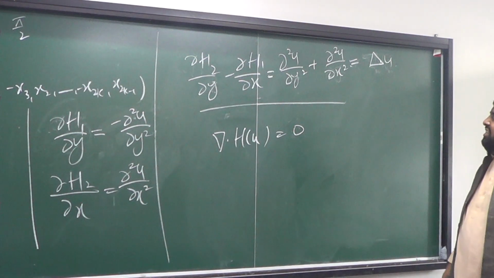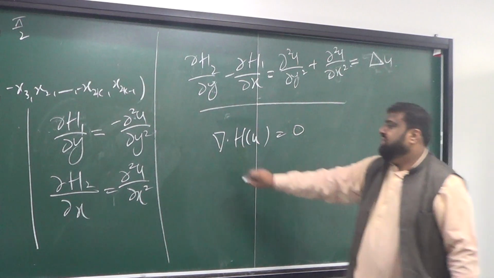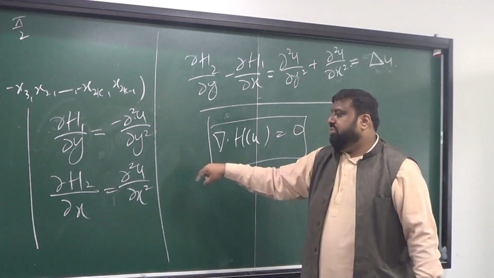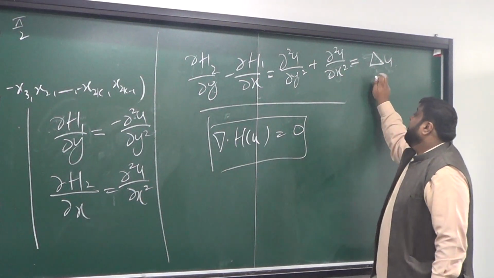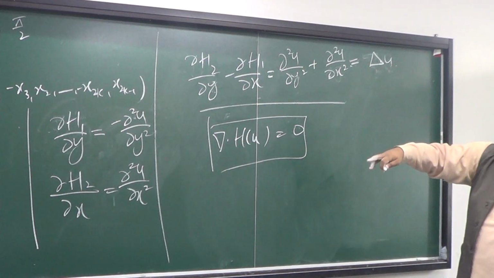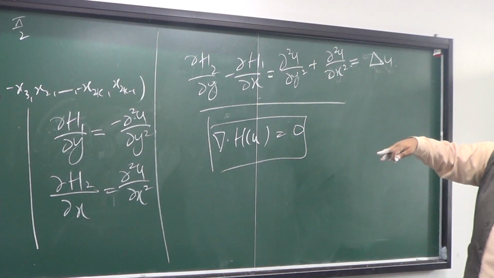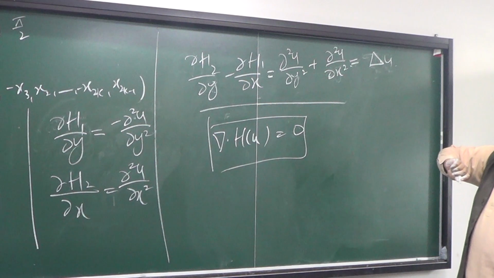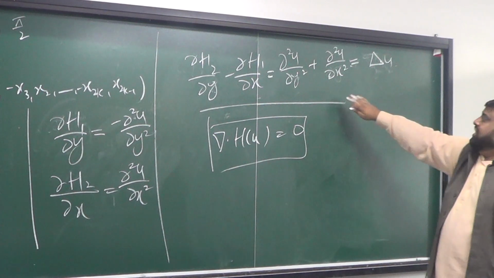Okay. This is one thing. Anyway, if you compute divergence, you're going to get this. In other words, if you compute the derivatives with respect to the opposite variables, you get this actually.